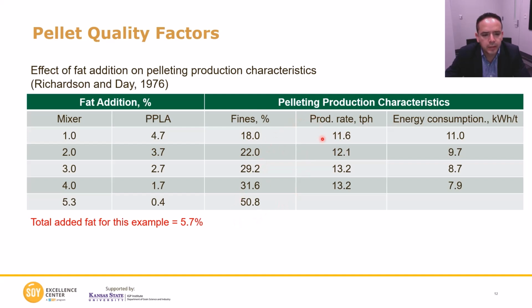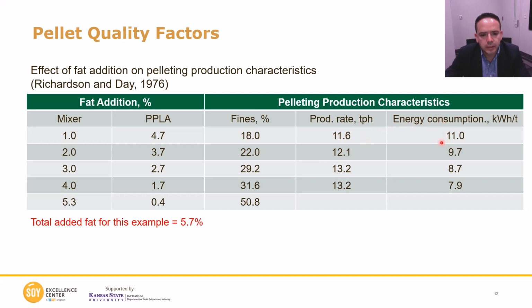And when you evaluate production rates, you can see that increasing the amount of fat added in the mixer increased production rates. In this case, between 1% and 4%, there was an improvement in production rate from 11.6 tons per hour to 13.2 tons per hour.